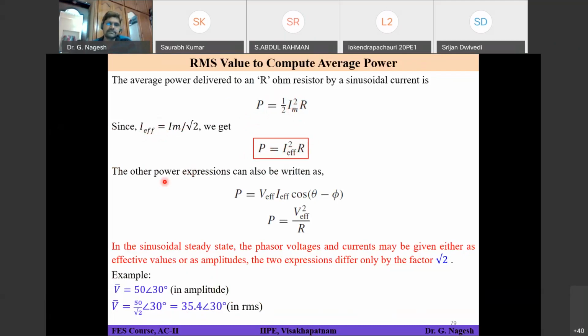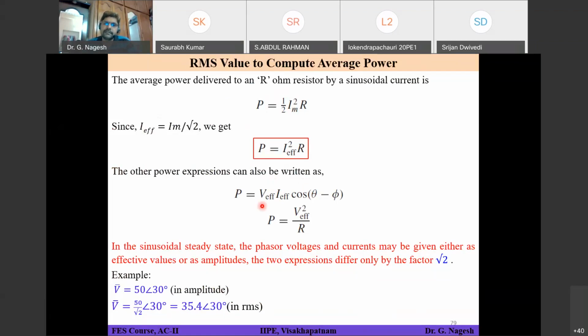The other power expression we have seen is Vm Im by 2 into cos of theta minus phi. If you remember, in the past we have seen the average power is Vm Im by 2 into cos of theta minus phi.